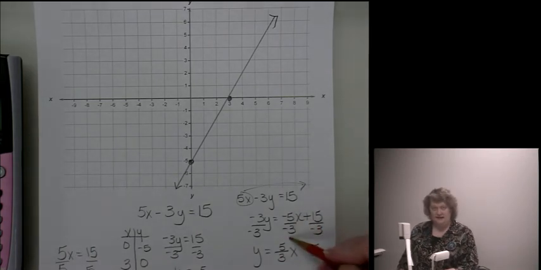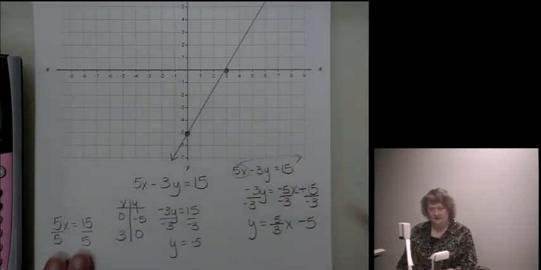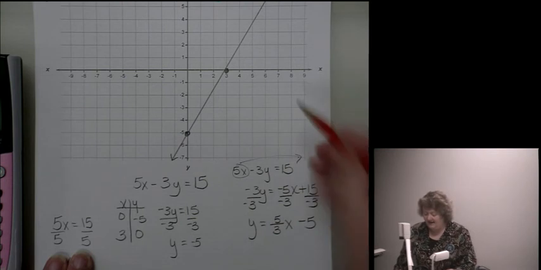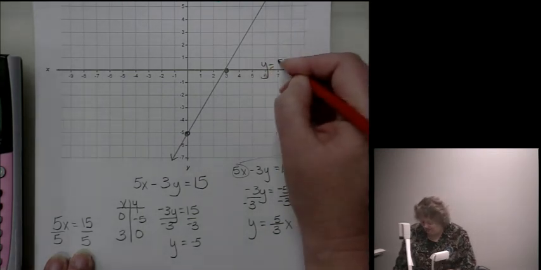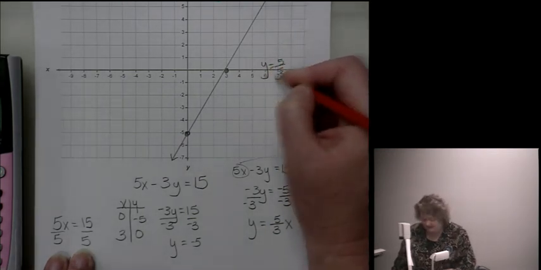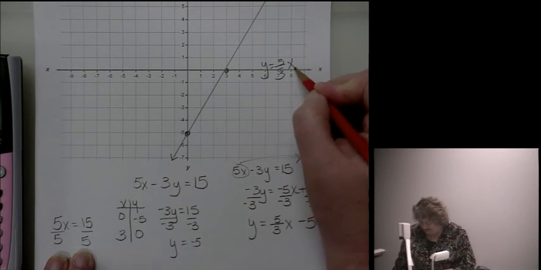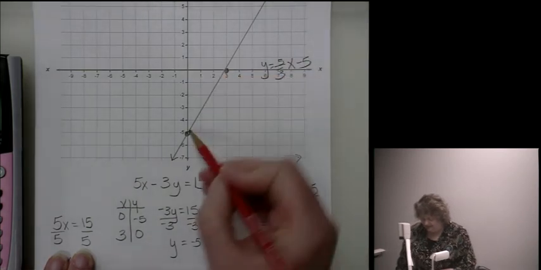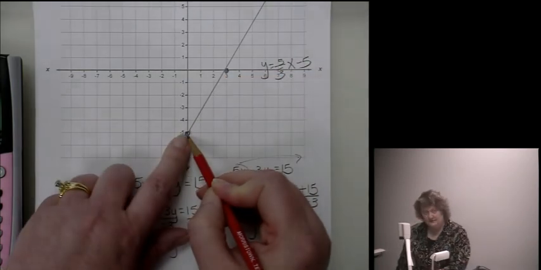Negative divided by negative is a positive. Minus 5, so we get y equals 5/3 x minus 5. There's my y-intercept.